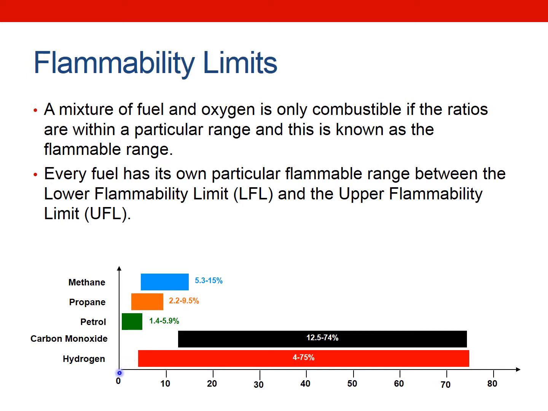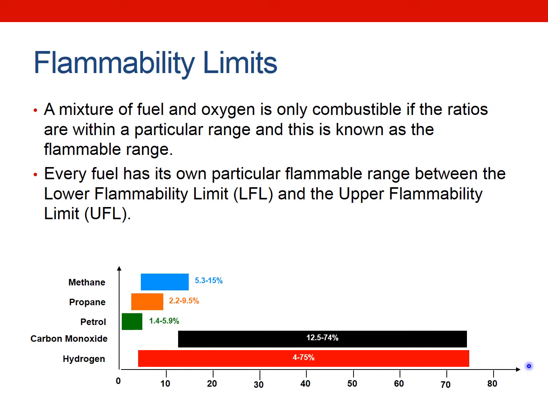Now this makes sense when you think about it. If you've got no fuel, so 0% fuel, you've got 100% air, it's not going to combust. We've only got air. Likewise, if you have 100% fuel, you have no air, so it can't combust.